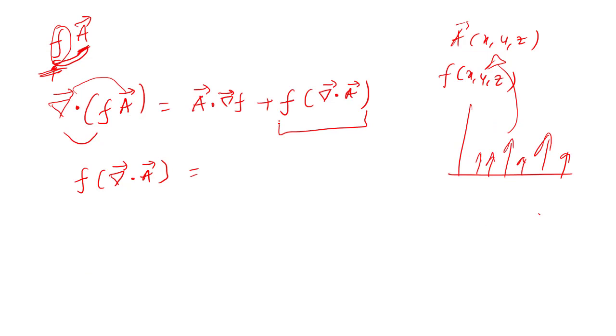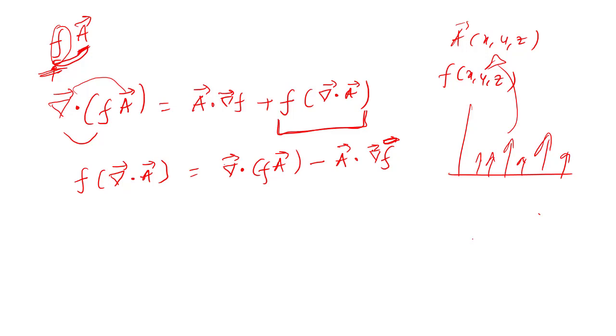This is the divergence of A. So I can write that as simply the divergence of fA minus A dot gradient of f. The vector is on the gradient.